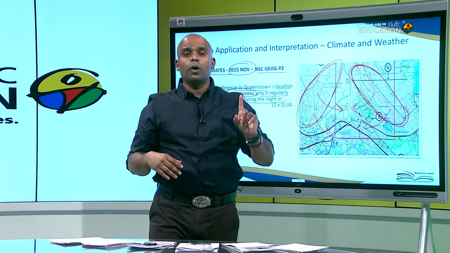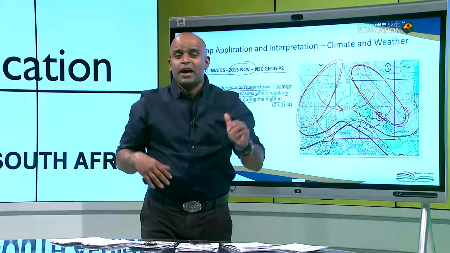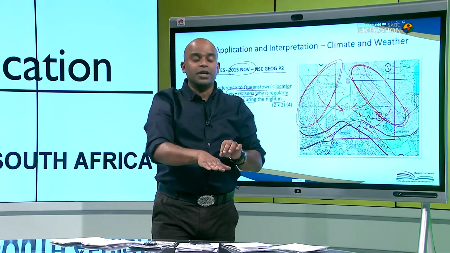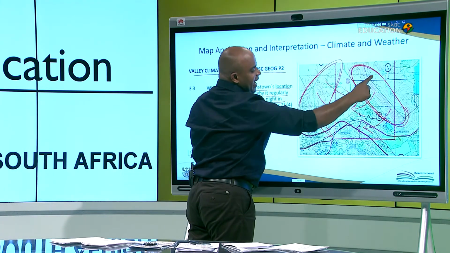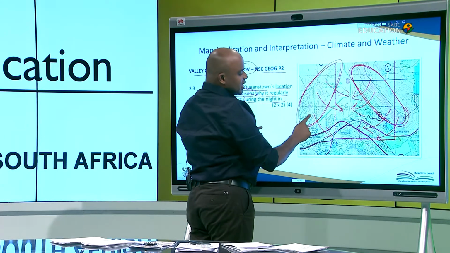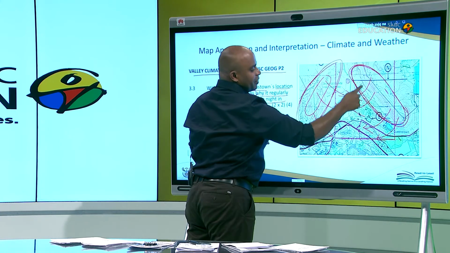We should know that at night you're experiencing katabatic winds or gravitational winds that flow down into the valley. In this example, note the air is moving downslope from the highest point. These highest points are determined by raster data on the color of the map.